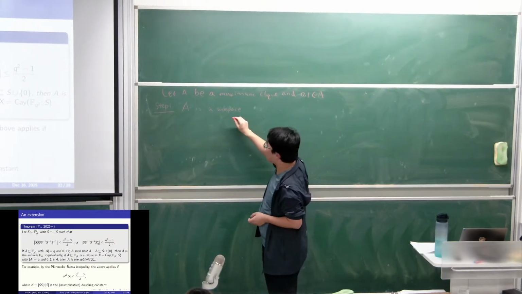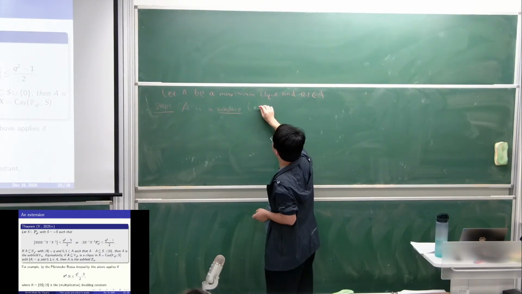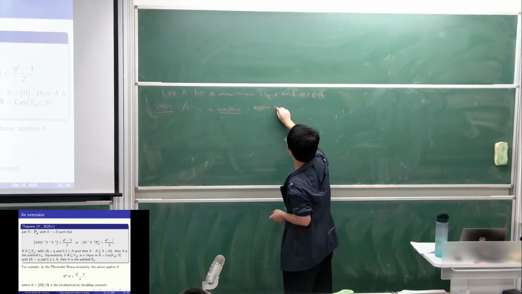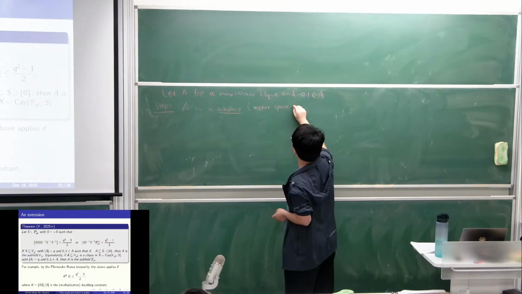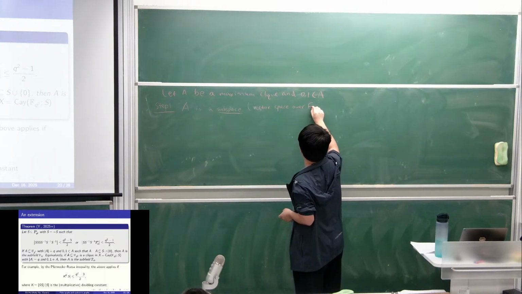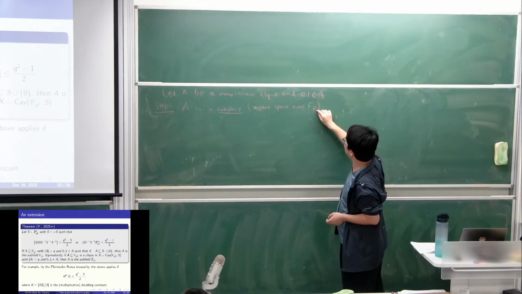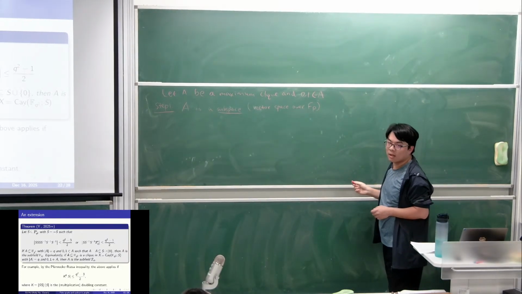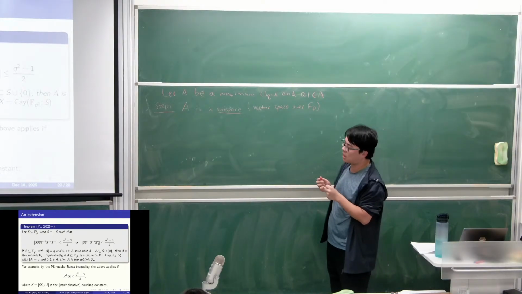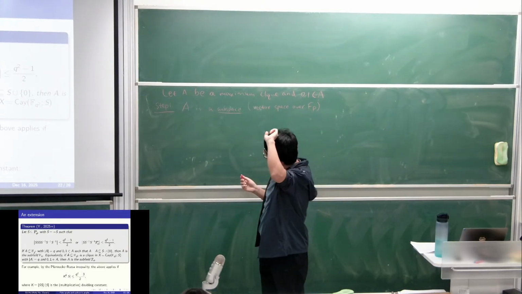By subspace I mean it's a vector space over Fp, where p is the characteristic of the field. So I want to first show A has an algebraic structure.